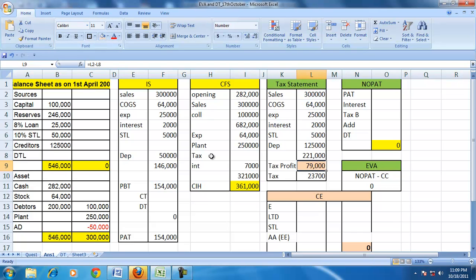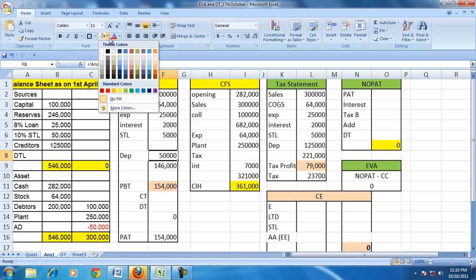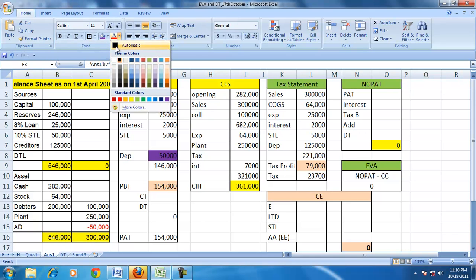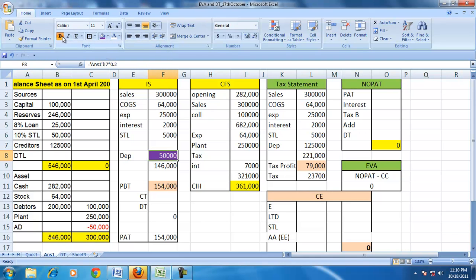Observe this, the taxable profit is not the same as the accounting profit because of the depreciation. In one case we are following SLM, in the other case we are following WDV. But the tax is calculated on the taxable income, and according to the accounting standard, that tax is shown as a current tax.